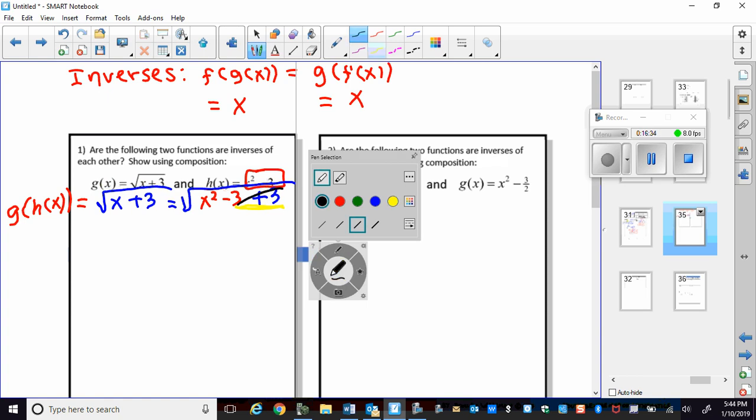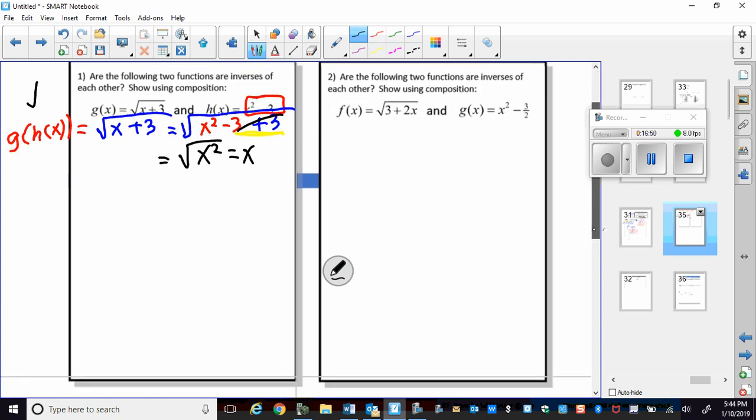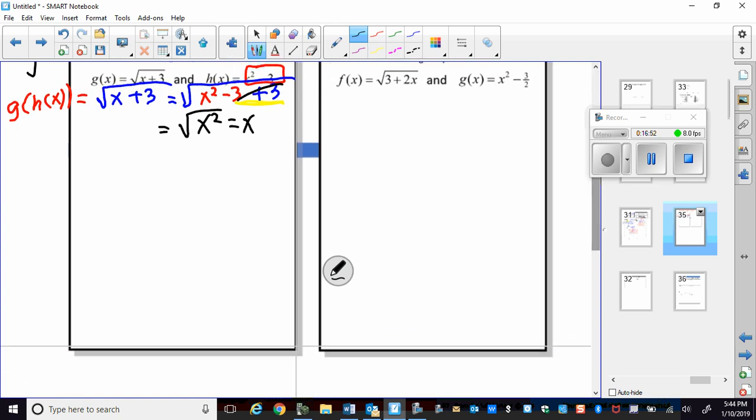That goes away. I'm left with the square root of x squared, which equals x. So far it's checking out. These two equations might be inverses. So I check the next equation.